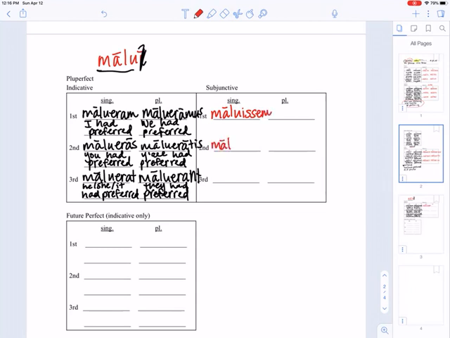For second singular, we're going to have Maluisses, and we're going to have a macron over that E. Maluisset for third singular. Maluissemus for first plural. Maluissetis for second plural. And Maluissent for third plural.